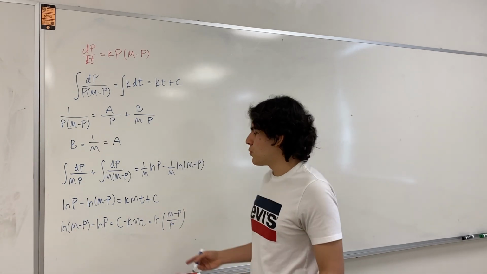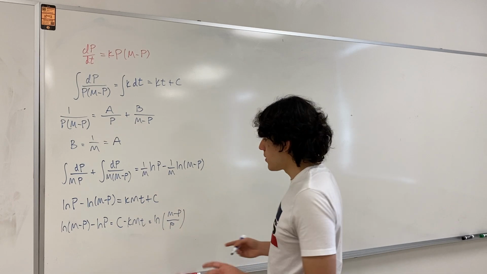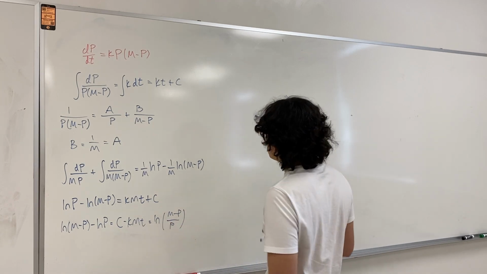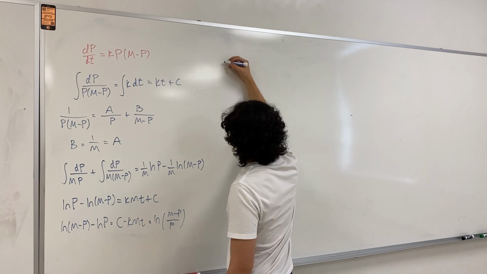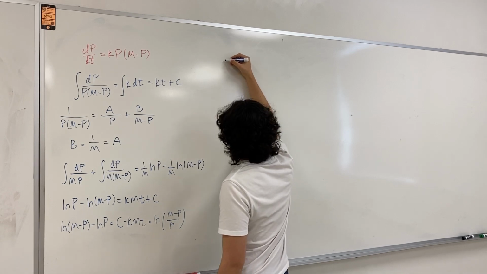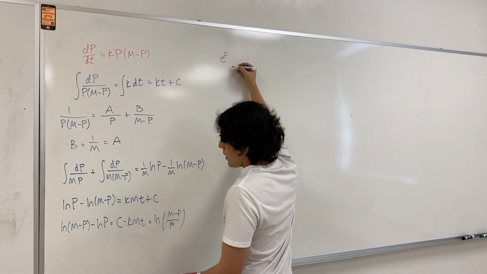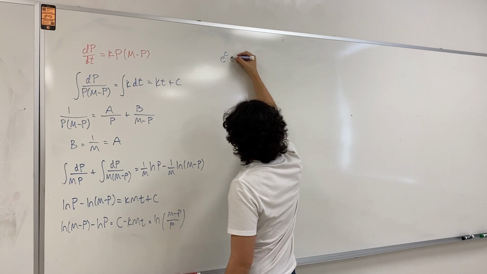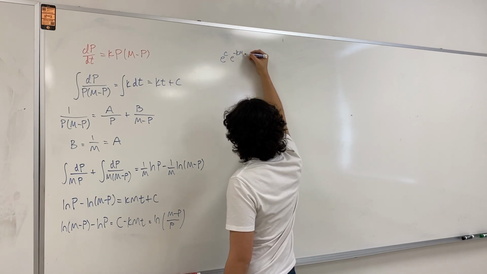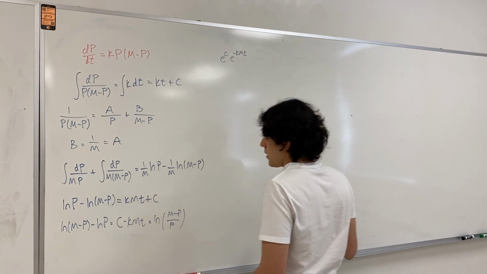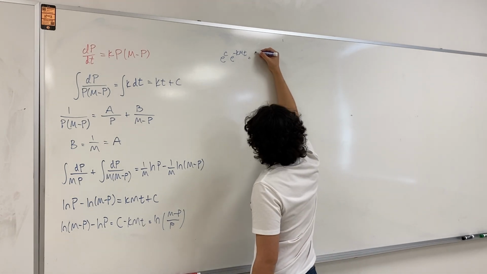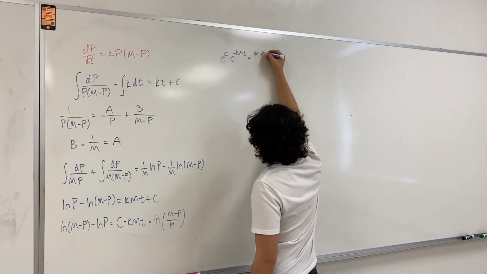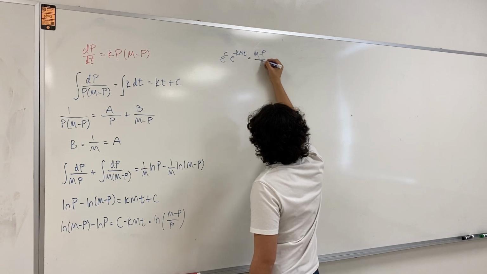This is great because we can now exponentiate and we get something really nice. If we exponentiate both sides, on the left we have e to the c times e to the minus k m t, and on the right we have m minus p divided by p.